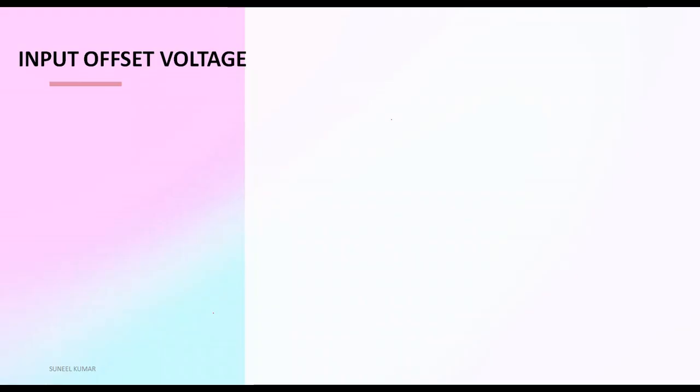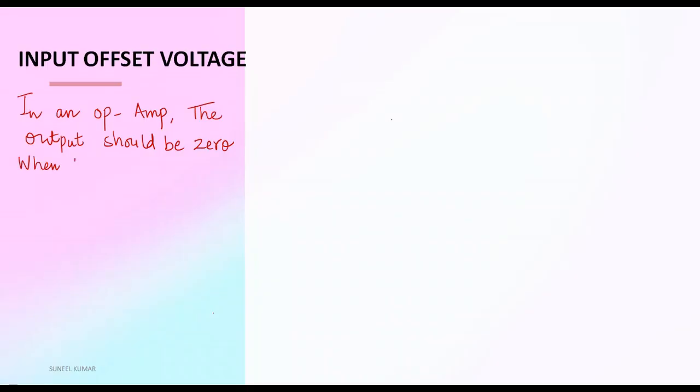So, we can write here: in an op amp, the output should be zero when both the inputs are grounded.